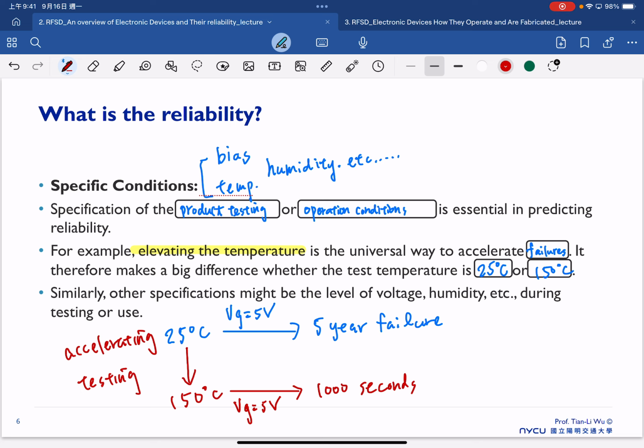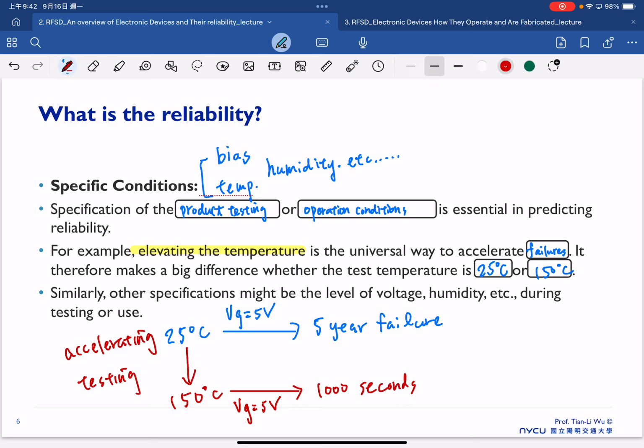So this 1000 seconds is a reasonable time range that can be conducted in the lab or in the company, because it is not possible to test the device for 5 years. So usually we have to minimize the testing time here. So 1000 seconds is possible to be conducted in the lab.